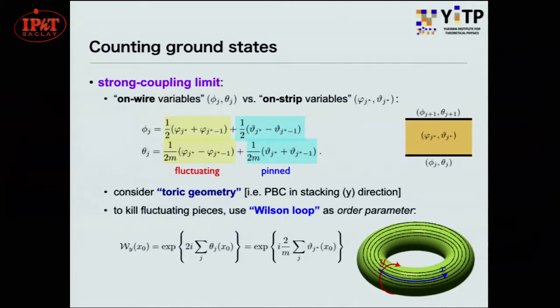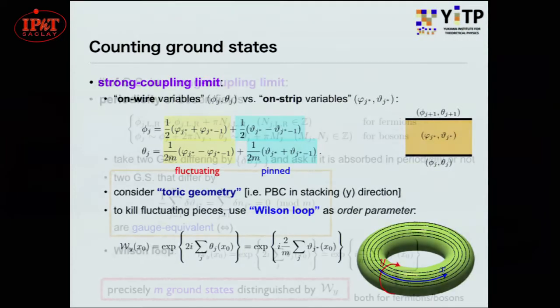So you cannot pin the phi field on wire variables phi and theta here. So this is a point. But there is one way of killing these fluctuating pieces. Namely, if you take the sum of theta field, you can suppress these fluctuating pieces. So that's how we define the Wilson line, which is going to be a useful order parameter in identifying the ground state, right?